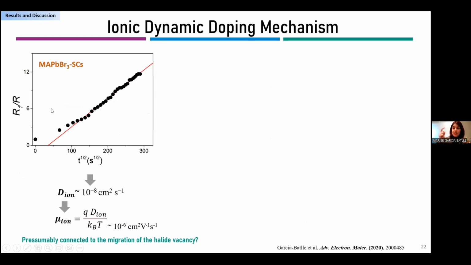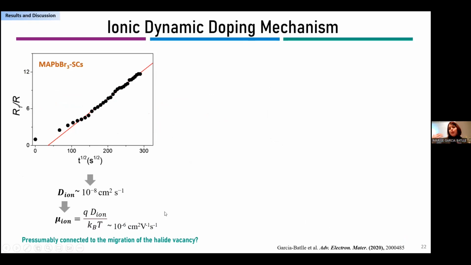When we plot this ratio of resistance as a function of the square root of time, we can extract the diffusion coefficient and ionic mobility. And this is the order of magnitude of both parameters.